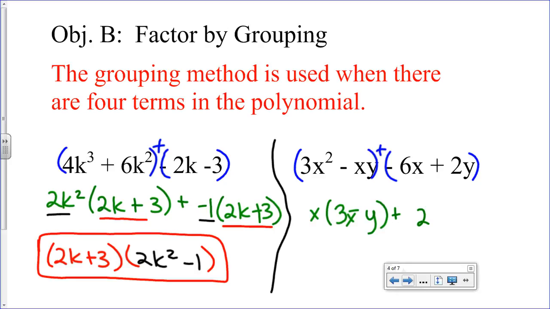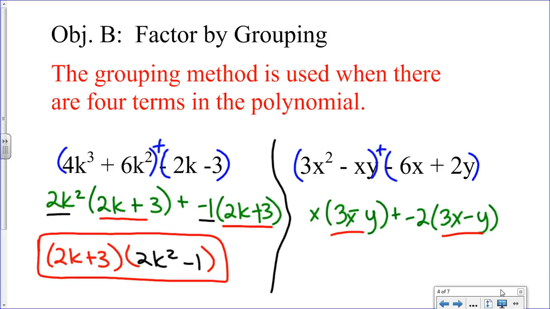But if I factor out just a 2, I'm going to end up with a negative 3x and a positive y. So again, if we want the signs to switch, then I need to do a negative 2. So it's 3x minus y. And then my 3x minus y is what's in common, is what I factor out now. And I'm left with x minus 2.